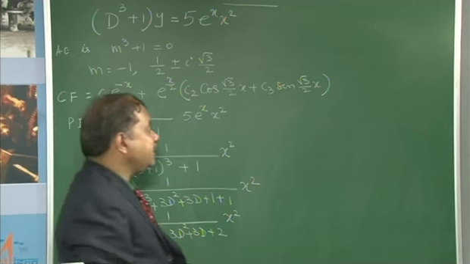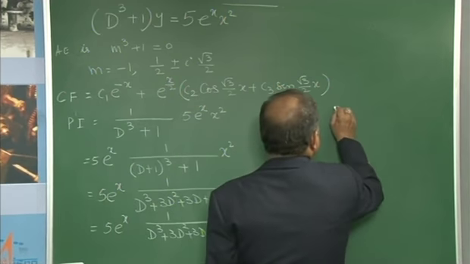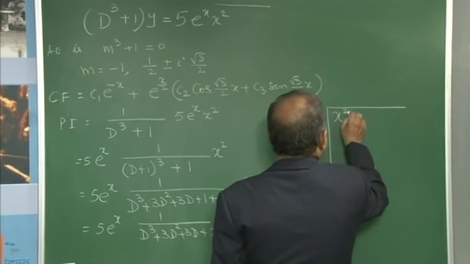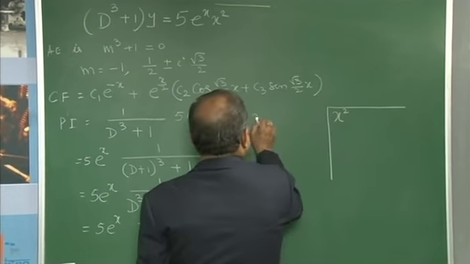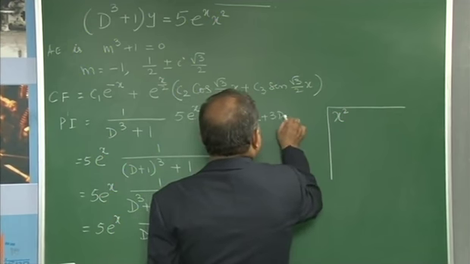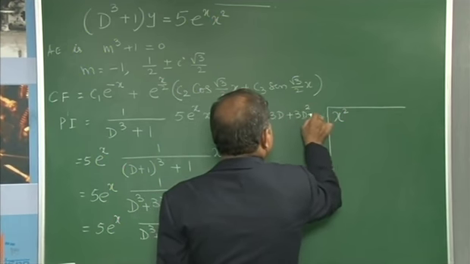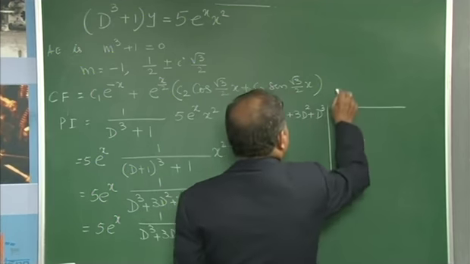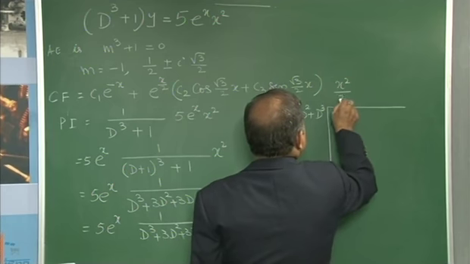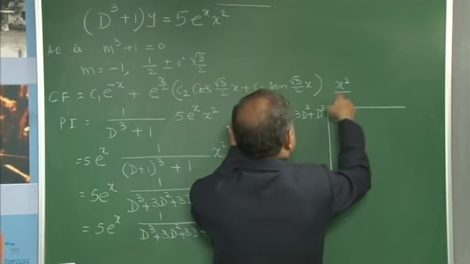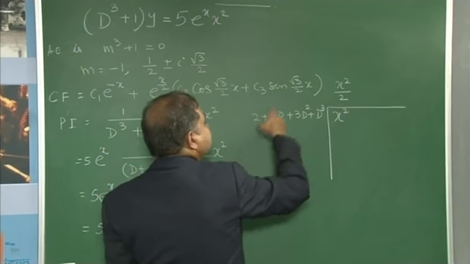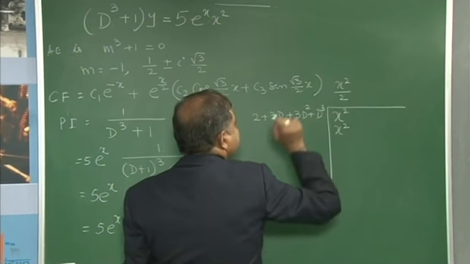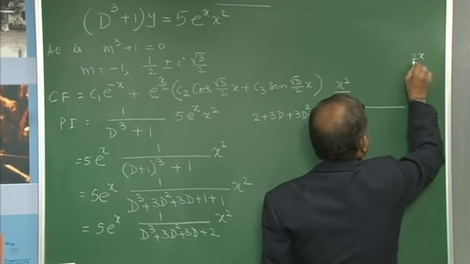I should apply my division process to find the particular integral. I have x square, reverse order, already we told, 2 plus 3D plus 3D square plus D cube. What is the first term? X square divided by 2. This 2 will come in the denominator. So 2 is multiplied, I got x square. 3D, first time differentiation, 2x by 2.